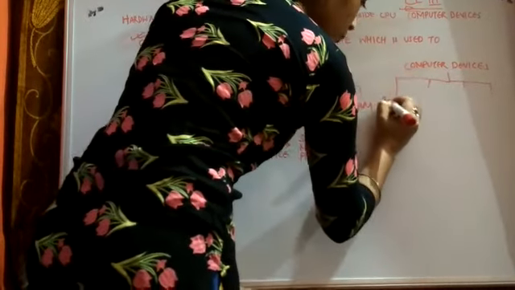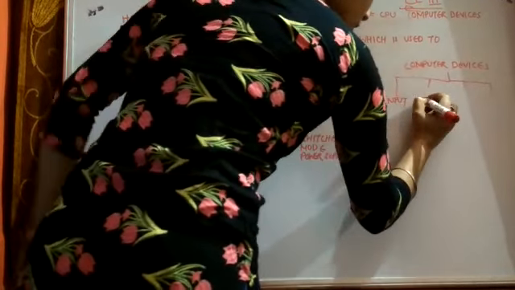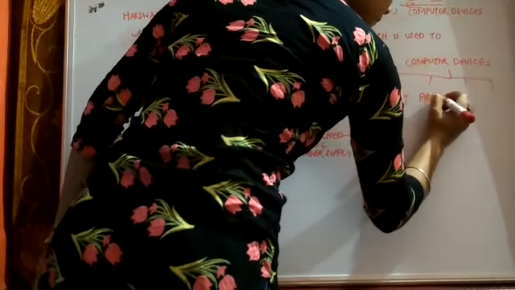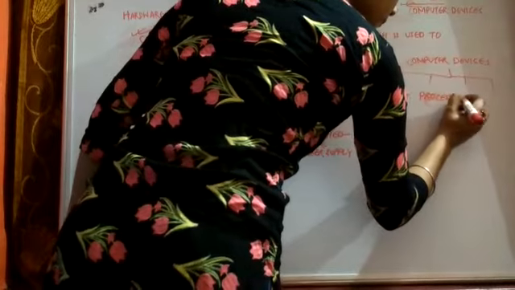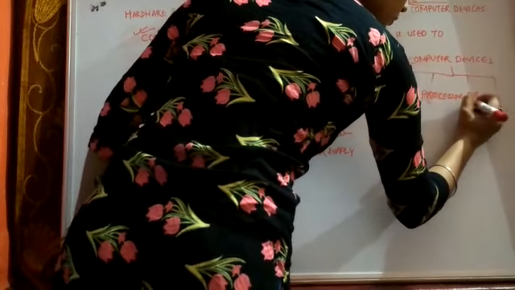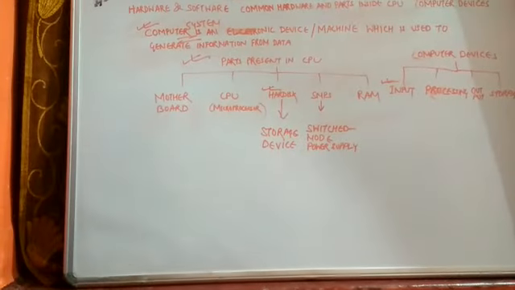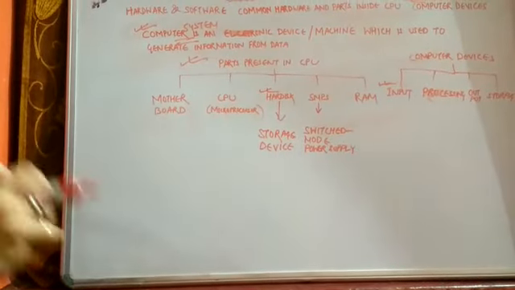These are input, processing, output, and storage. Okay. So what are input devices? The input devices are the devices that are used to give input to the computer.